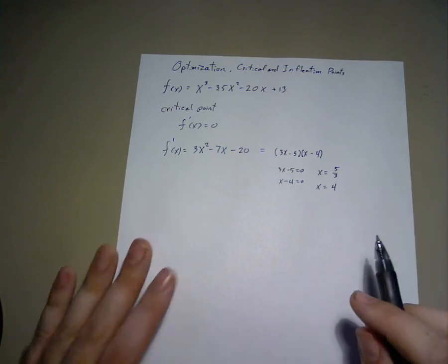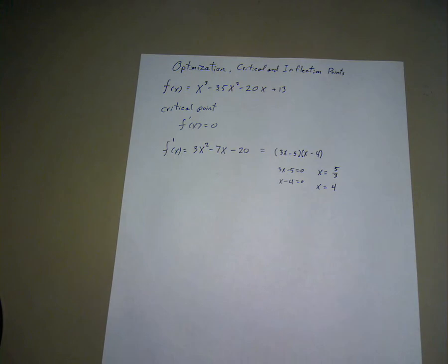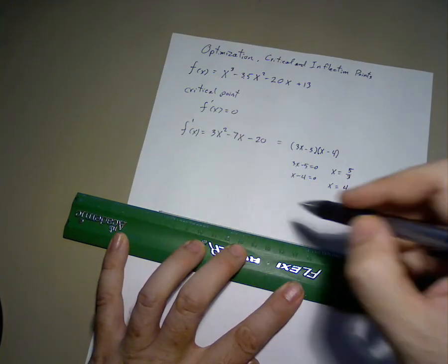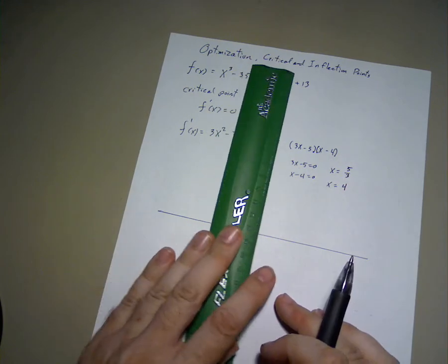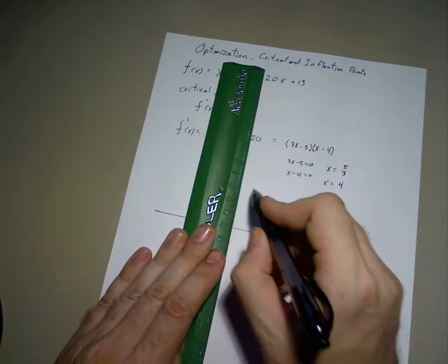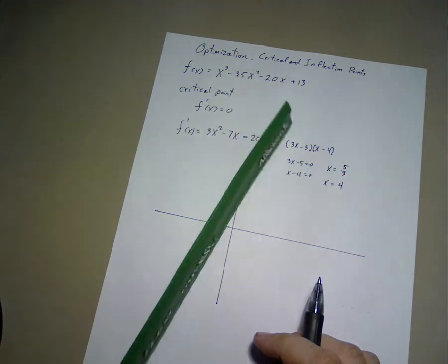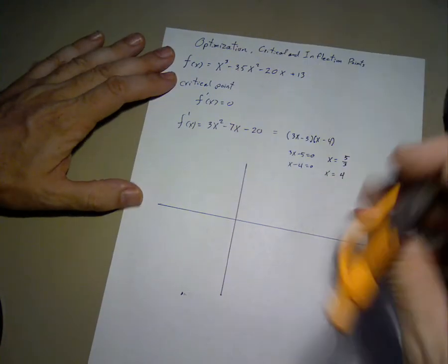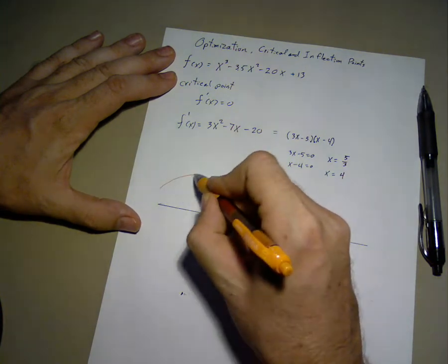If we want to know what the function looks like, we can graph the original function, and we will see that it looks a lot like this.